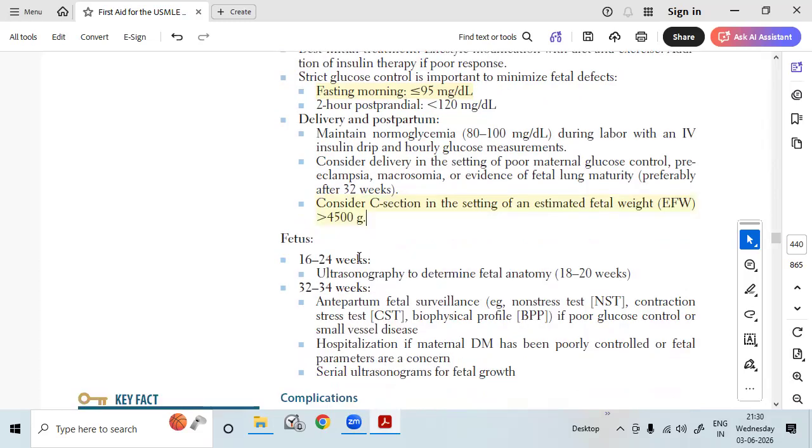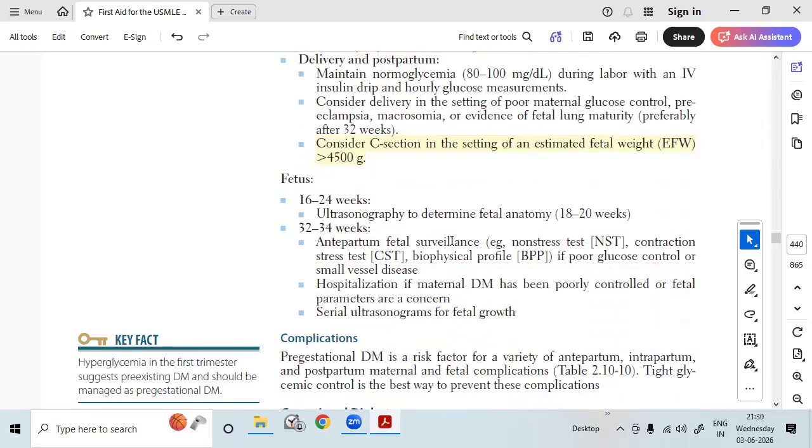For the fetus, at 16 to 24 weeks, ultrasonography to determine the fetal anatomy. At 32 to 34 weeks, antepartum fetal surveillance such as NST, contraction stress test, or biophysical profile if poor glucose control or small vessel disease.